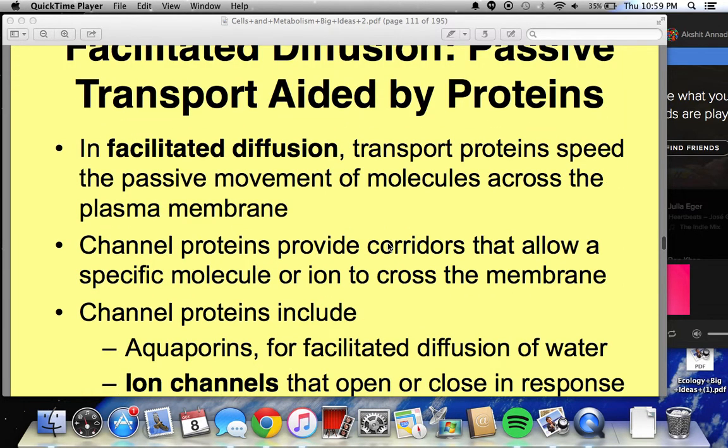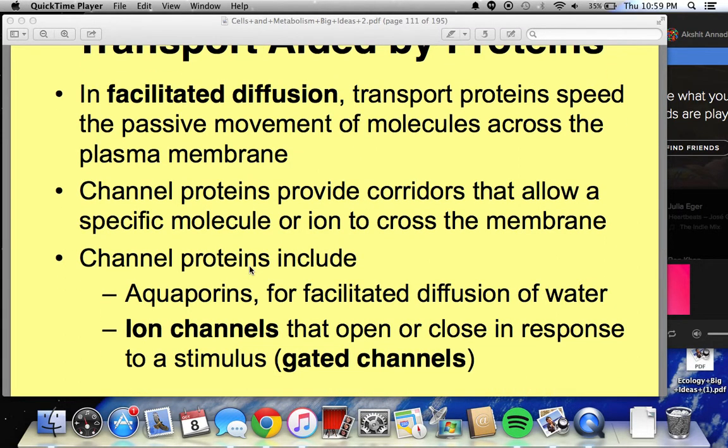And we talked about diffusion earlier. I think I talked about it in one of my other videos. It just happens from high to low, but some molecules, like I said, are too big or are polar, so they can't diffuse through the cell membrane by themselves. They need the help of something else, like a protein, and that's called facilitated diffusion because the protein facilitates the diffusion.